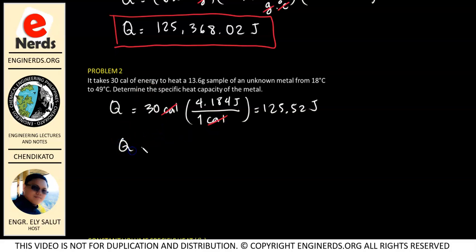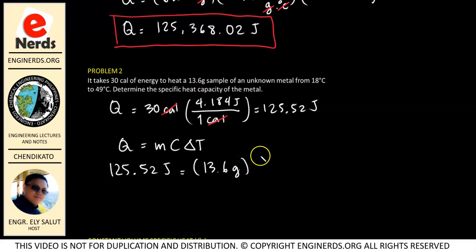Now, our Q is equal to MC delta T, yung na-derive natin kanina, no? So, our Q is 125.52 joules is equal to the mass of our unknown metal, which is 13.6 grams. Then, we don't know the specific heat capacity. So, we don't know that. Ito yung ating hinahanap. Then, our temperature has changed from 18 degrees Celsius to 49 degrees Celsius.